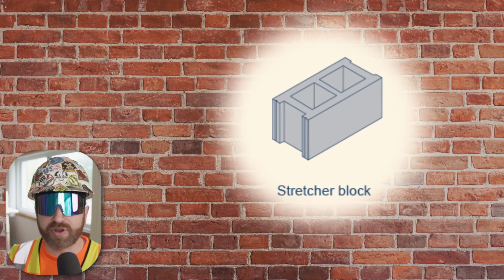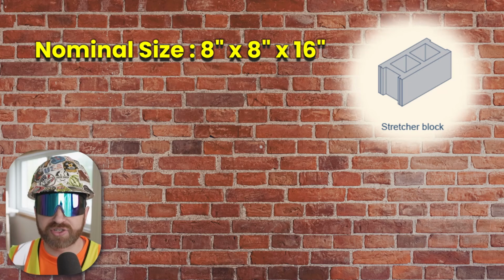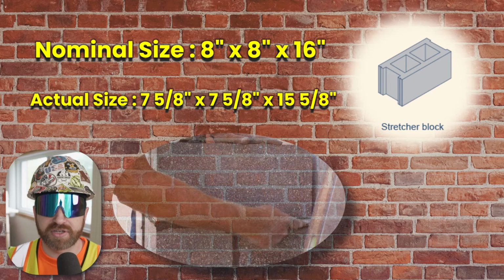So, standard concrete masonry units typically have a nominal size of 8 inches wide by 8 inches tall by 16 inches long, but that's not the actual dimension of the block. The actual dimension of the block that you buy is 7 5/8 inches by 7 5/8 inches by 15 5/8 inches.